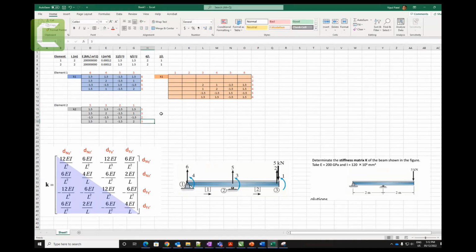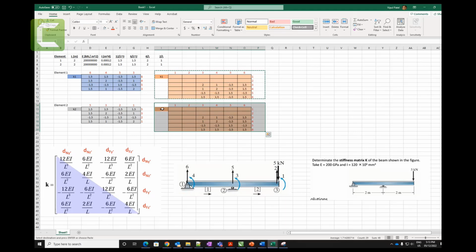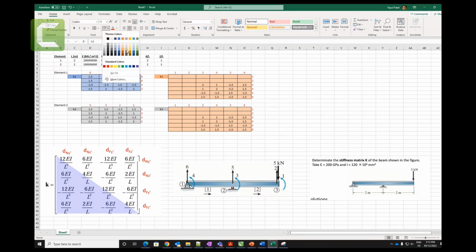We can copy all these with Control C and make it here. Maybe this one would be K2. Let's make it a yellowish color, so we separate it out. Okay, very good. Now we can delete all this because this is different.